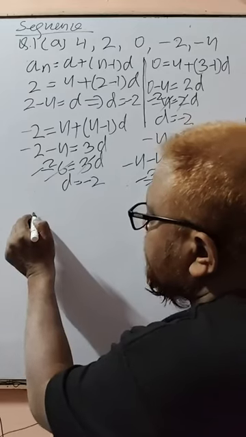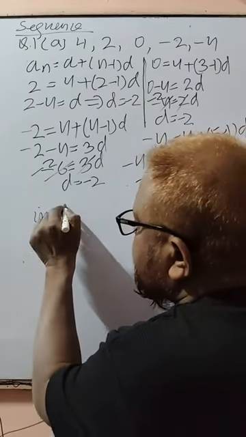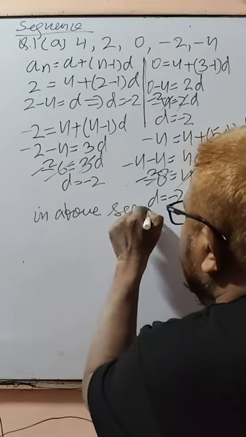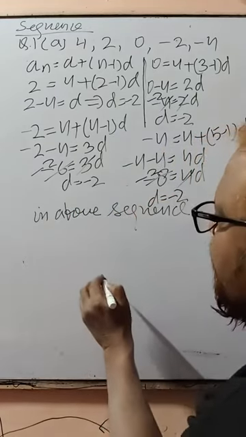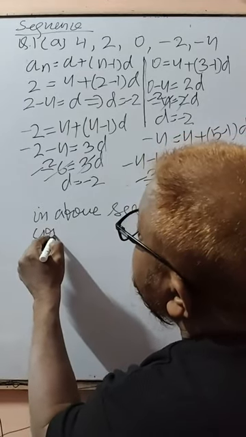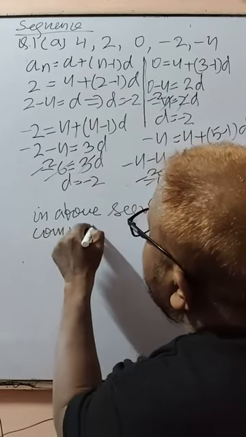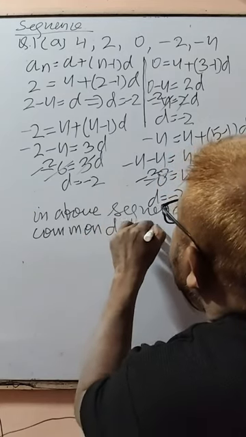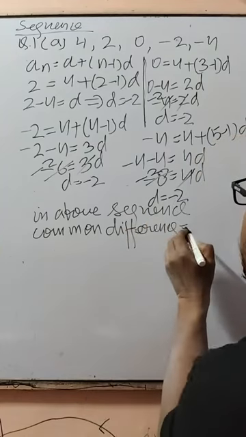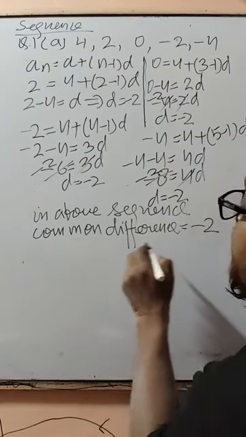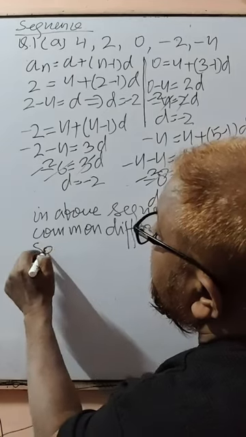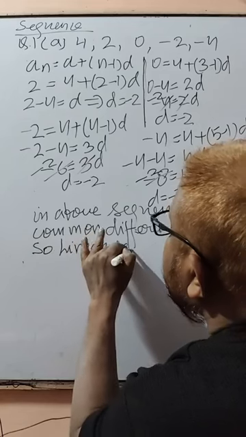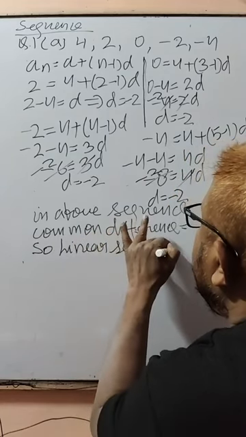In the above sequence, the common difference is equal to -2. So it is a linear sequence, right?